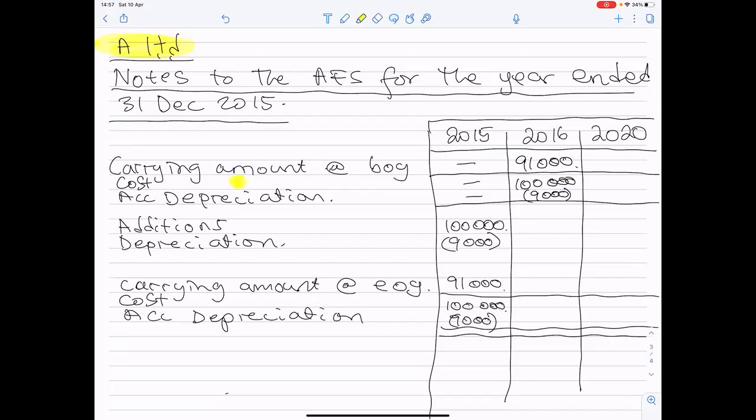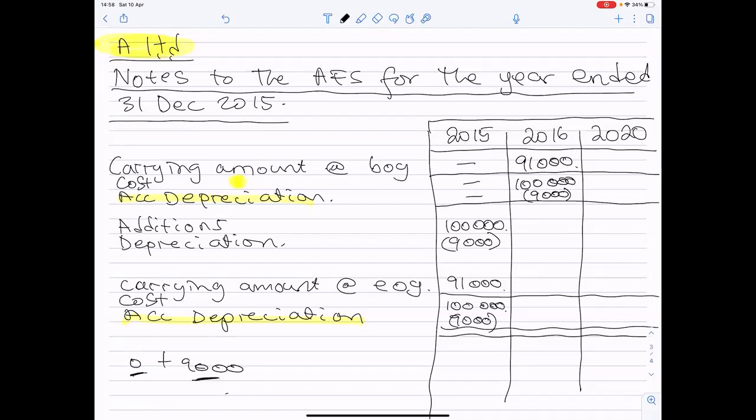There is this accumulated depreciation at the beginning, and there is this accumulated depreciation at the end. So the accumulated depreciation at the end is the opening accumulated depreciation at the beginning plus the depreciation during the year. Are we together? So it is going to be 0 plus 9,000. We never had anything at the beginning of the year. So it will be 0 plus 9,000. So you're going to get 9,000 there.